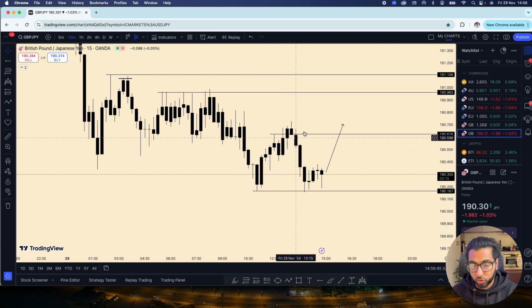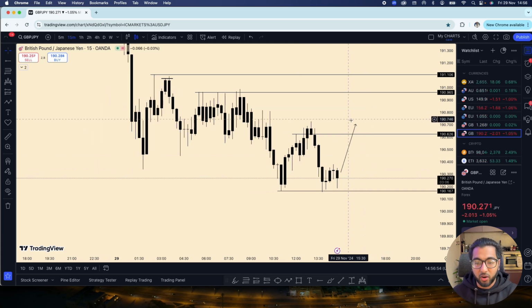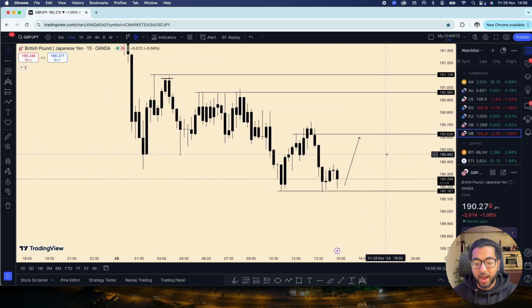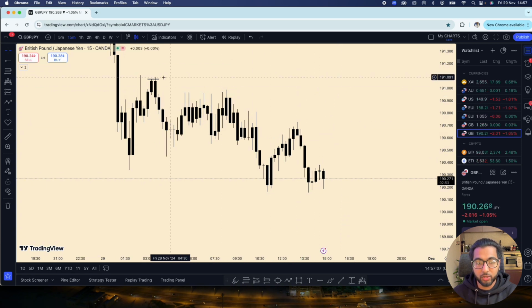Price came up, swept everyone out. And then what happened? Price ended up going down to these lows, guys, literally to these lows. I can't stress this enough, right? How important it is to understand this, because when you're going on a downtrend, especially, you're going to see highs always get swept.